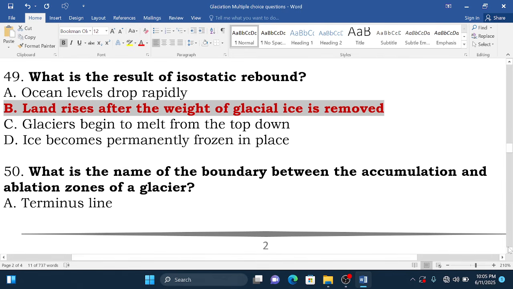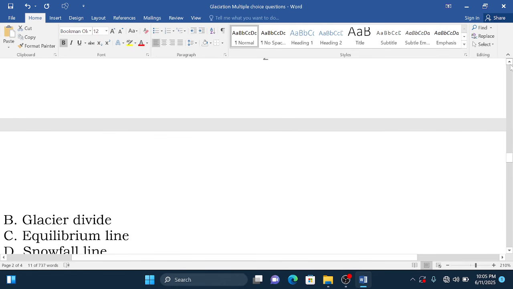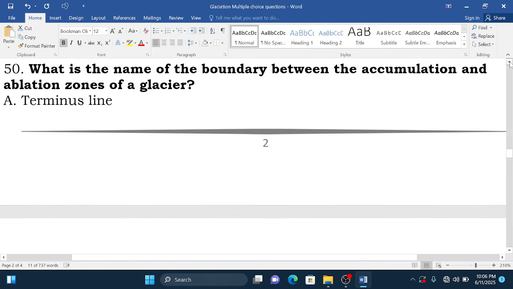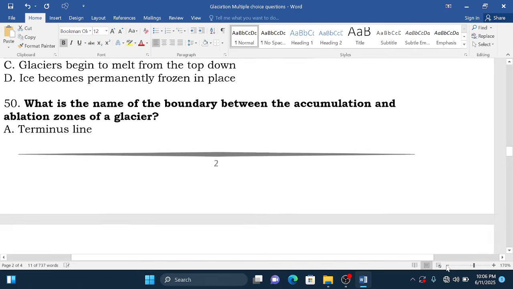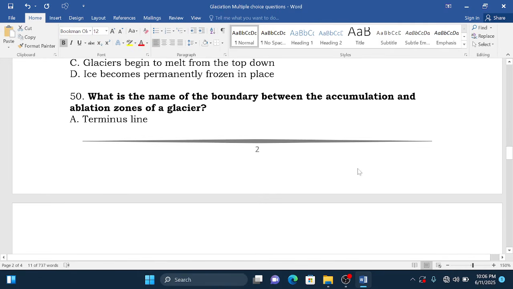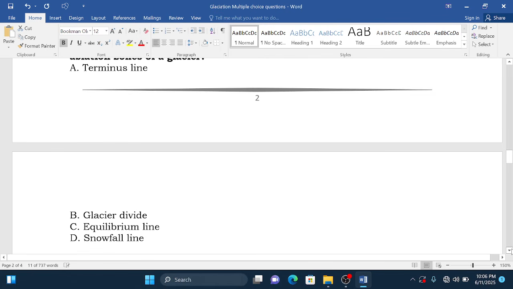We go to question number 50. Question number 50 is asking, what is the name of the boundary between the accumulation and ablation zones of a glacier? A, terminus line.